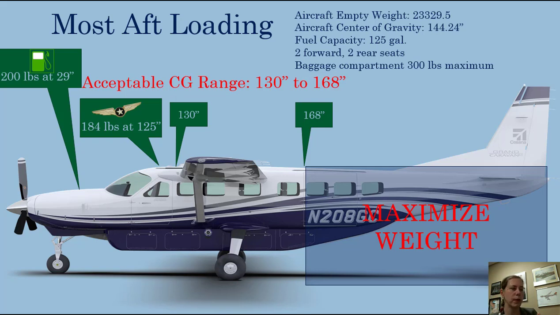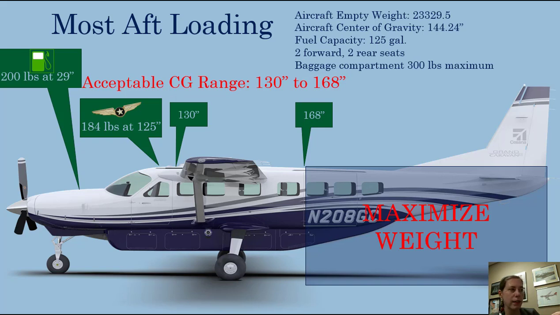So in this region with that shaded rectangle you see there, what items are in that area? Well, I've updated my list. We have those 2 rear seats. We have also a baggage compartment that's 300 pounds capacity. And we have to look at where these things are located before we determine, are we going to maximize them?